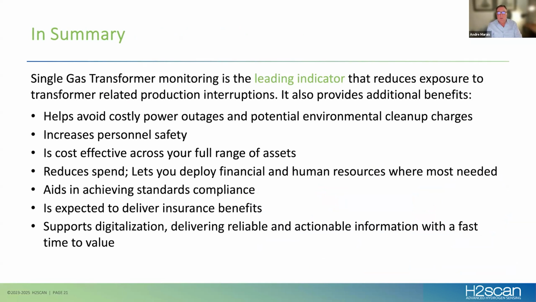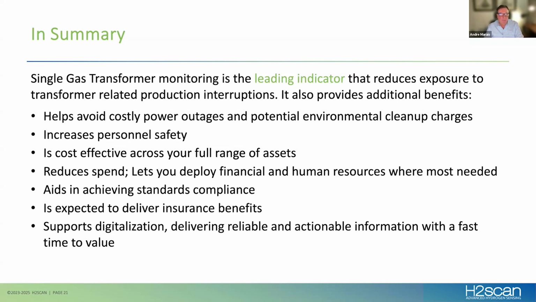It will avoid those costly power outages that impact your organization's production and revenue streams. It'll avoid potential environmental cleanup charges. It'll improve personnel safety. You'll know that if a transformer's got a lot of gassing going on, you won't allow anybody to get close to it or work on anything unless it's taken offline.